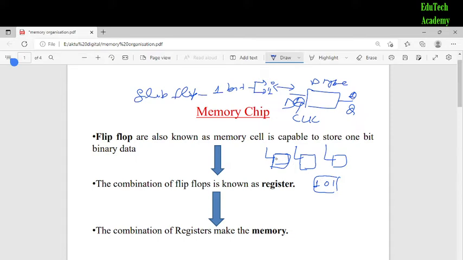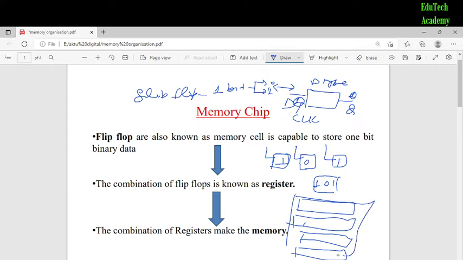The first flip-flop will store 1, the second 0, and the third 1. Thus the combination of flip-flops is known as a register. And if we connect more than one register, then they form a memory. Thus memory is the combination of registers and a register is the combination of flip-flops.